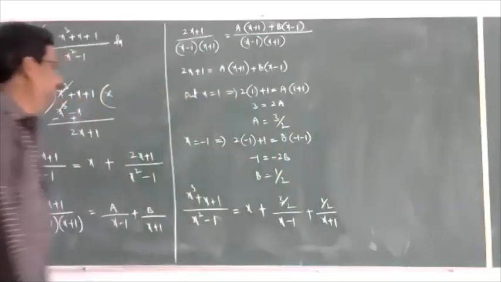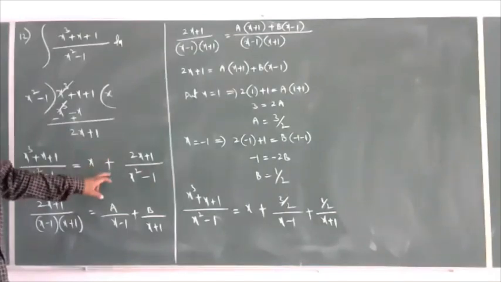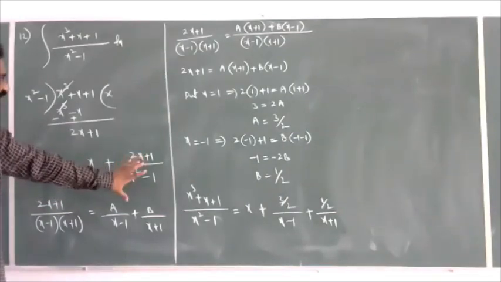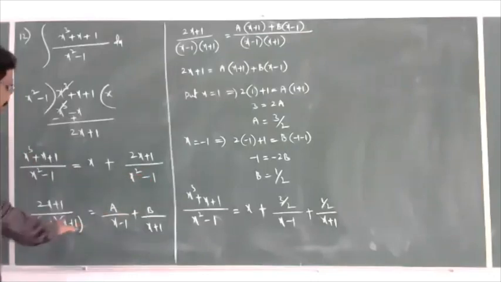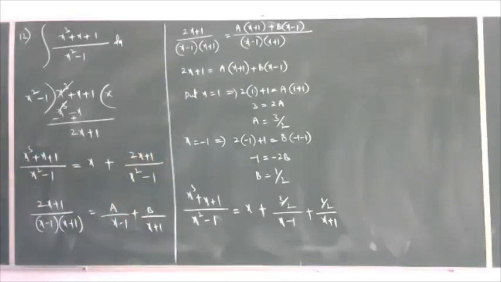You understood? So what are the partial fractions of (2x plus 1) by (x square minus 1)? 3 by 2 by (x minus 1) plus 1 by 2 by (x plus 1).